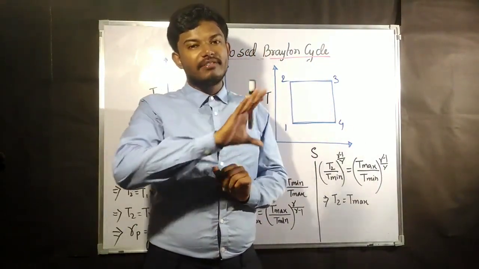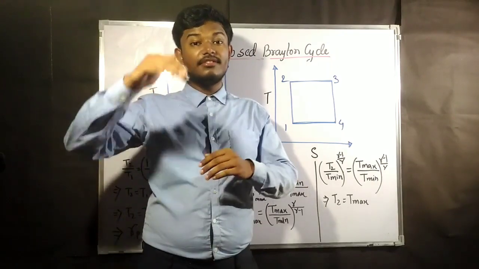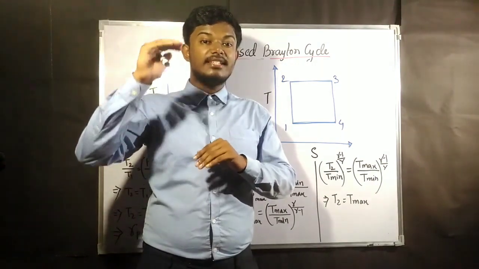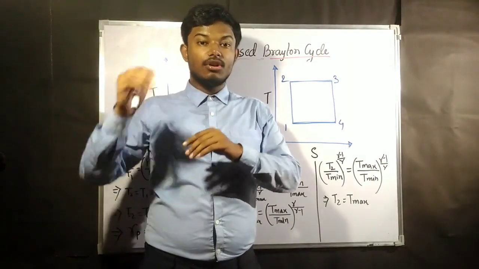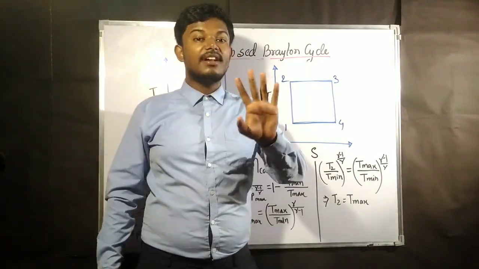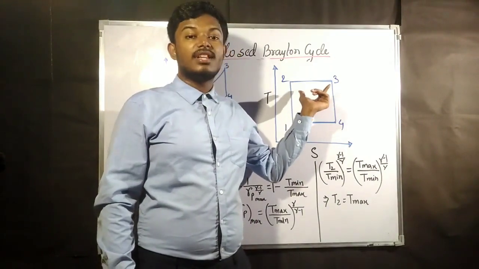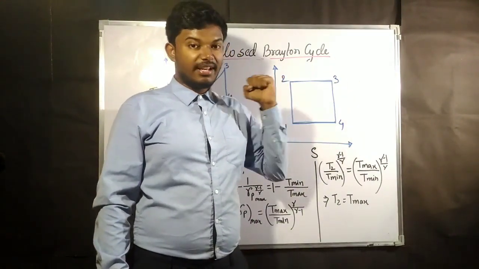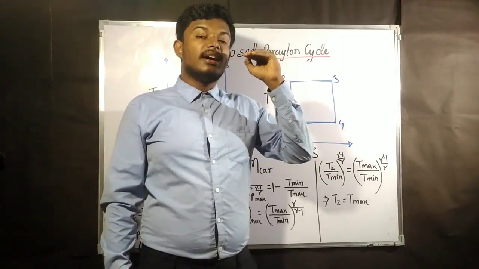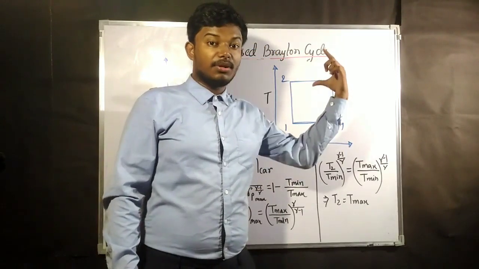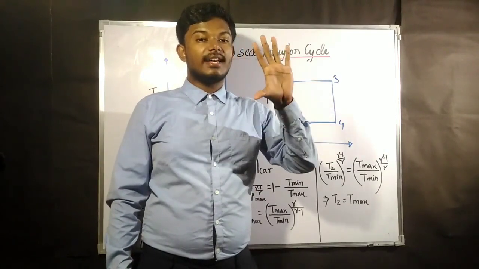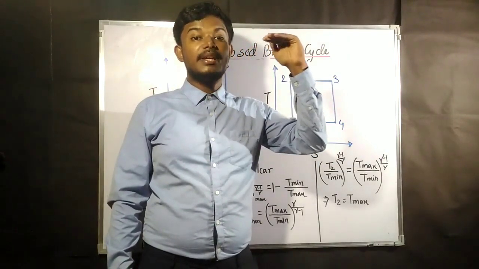Whatever engines or cycles are there, if they are acting between two limiting temperatures, none of their efficiencies is ever going to be higher than the Carnot cycle efficiency. That we have derived earlier. So between two given temperature limits, Carnot cycle efficiency is always going to be higher. That is going to be the limiting efficiency.